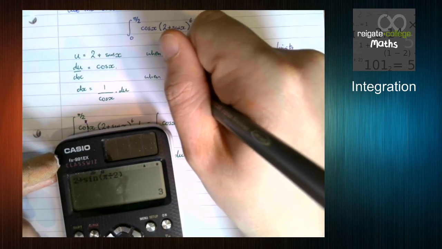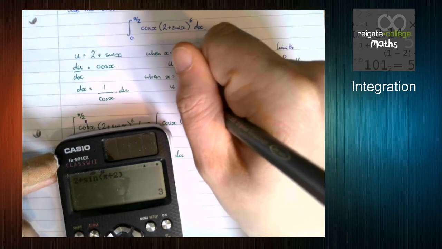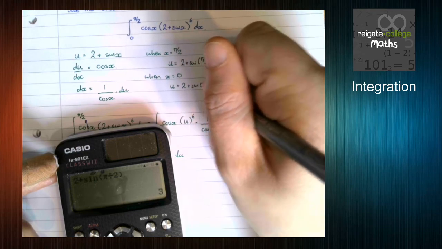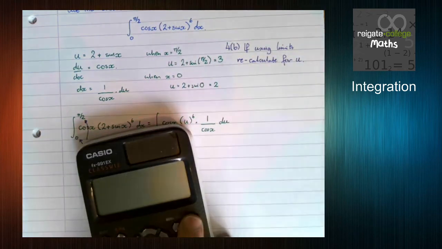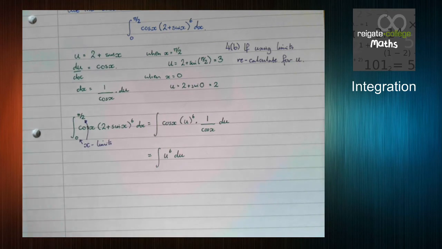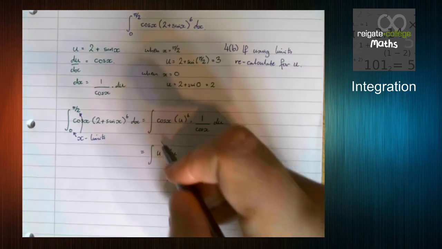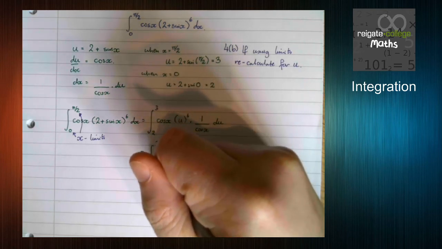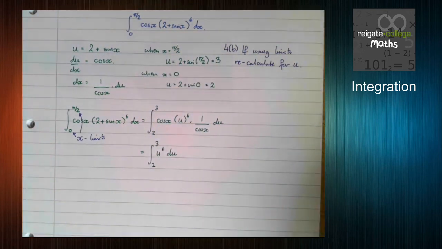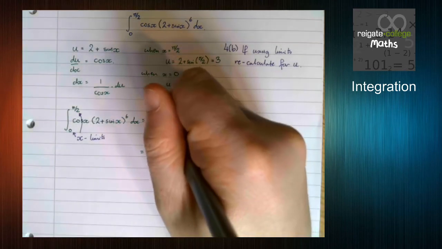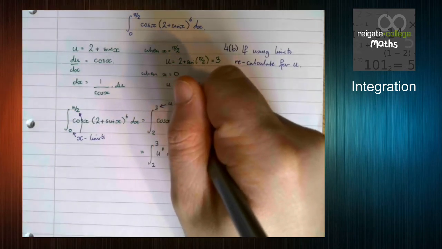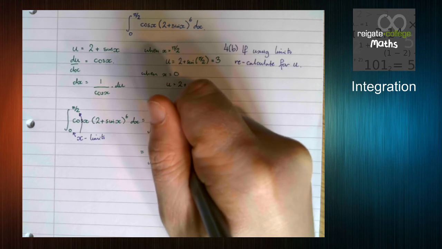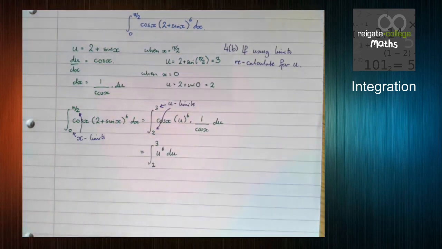When x equals 0, u equals 2 plus sine 0, which is 2. We can now put these here instead. So now we have swapped from x limits to u limits, which is important because now these are the numbers we're going to put in once we've integrated.